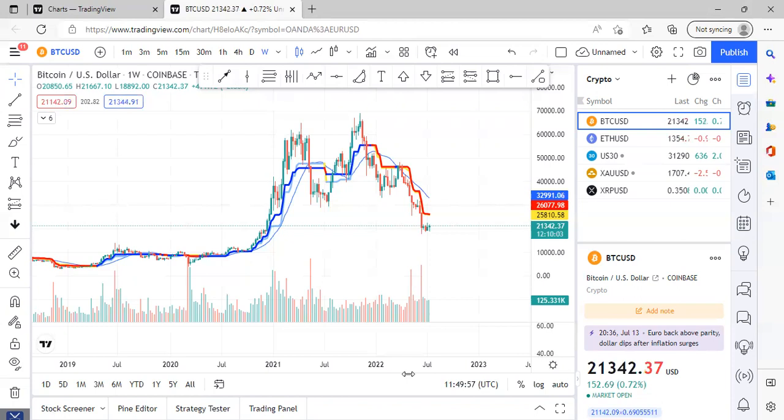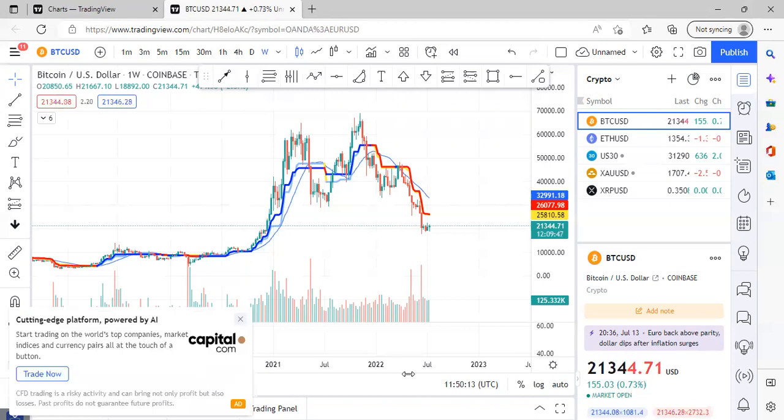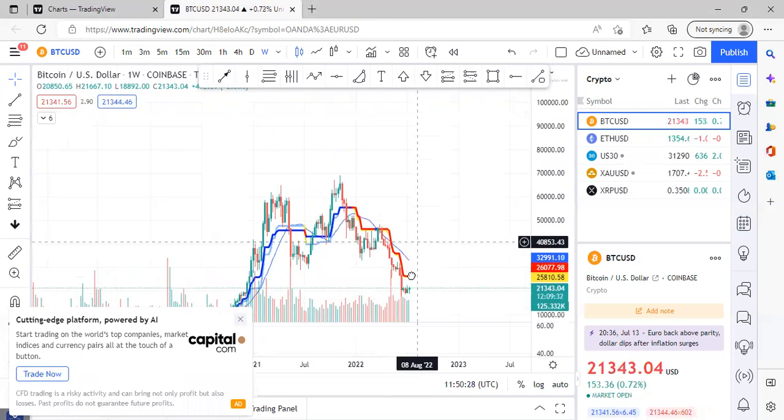Implement it, practice it, and I am very sure that this will take your trading to the next level. So without wasting much of our time, let's go into it properly.